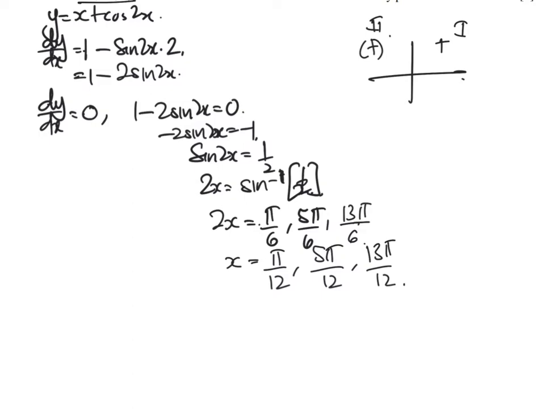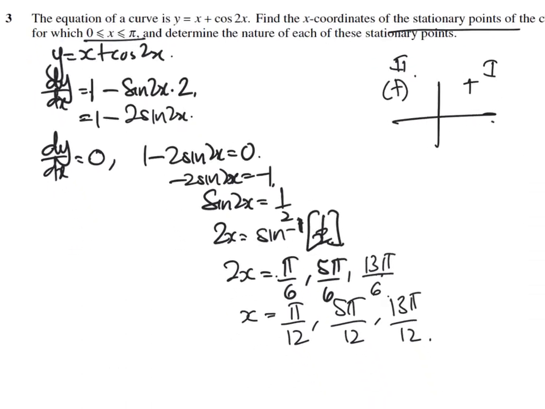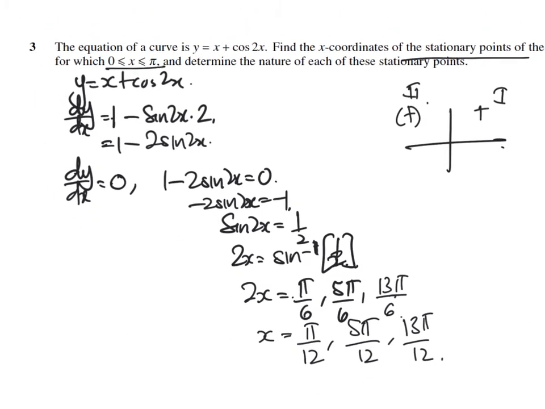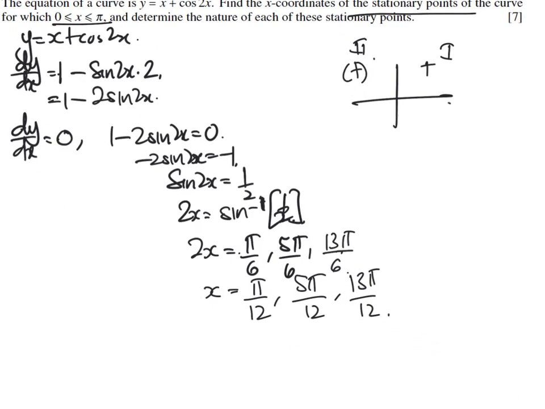If I take x equals pi over 12 and sub it inside, I'll get pi over 6, so that's sine 30, which is a half.